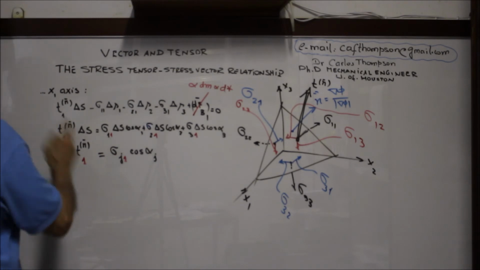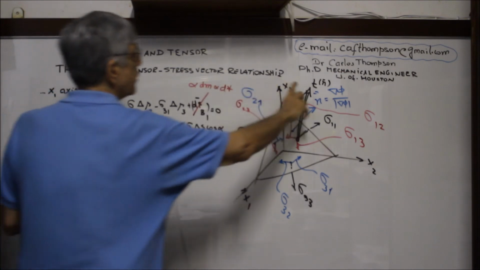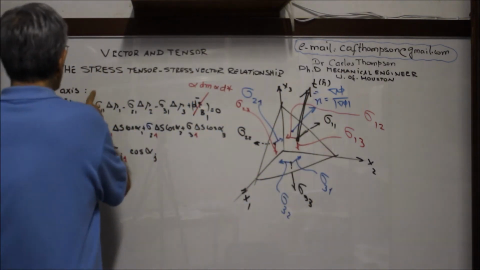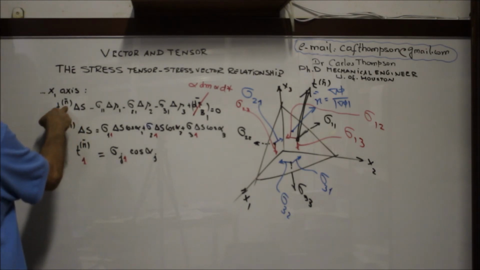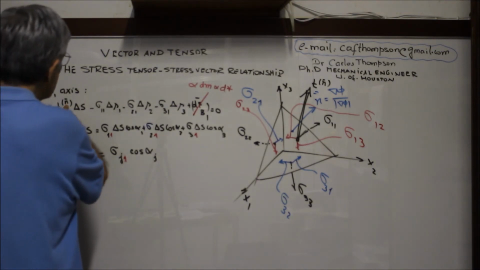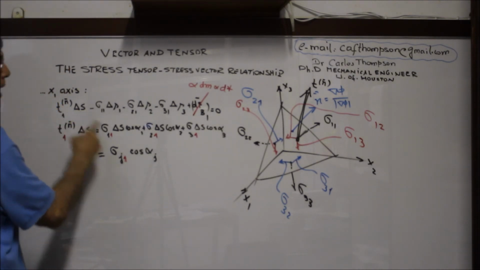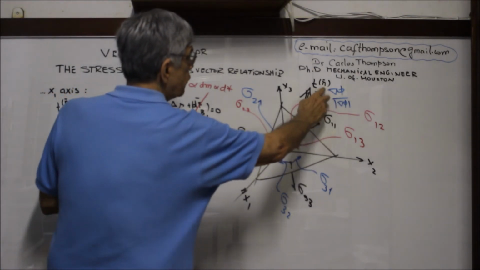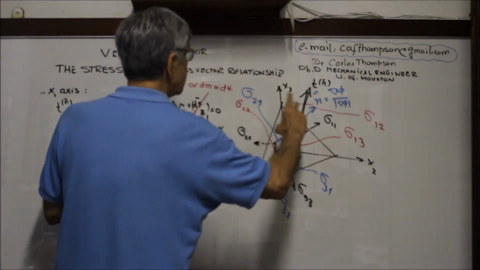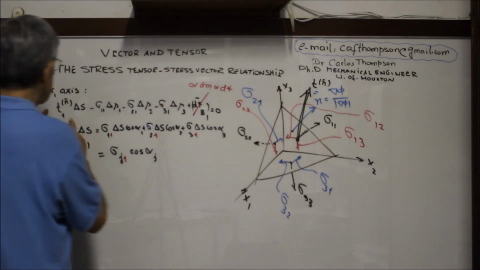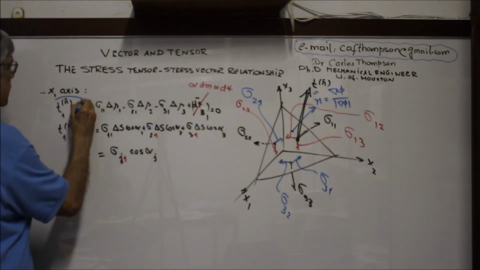Let's project this stress vector on this x1 axis. So this will be T1, related to the normal vector n, T1 delta S. T in this case, the force is T times delta S. So this is force. This is important for you to understand. This is force.